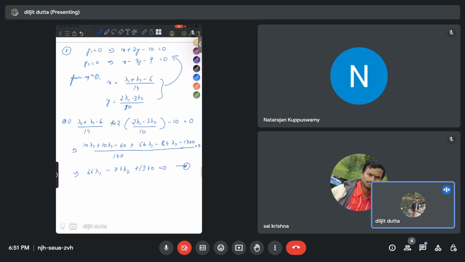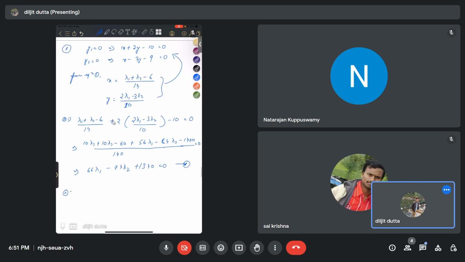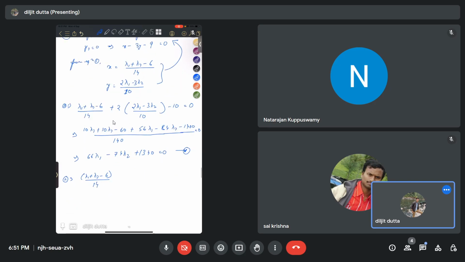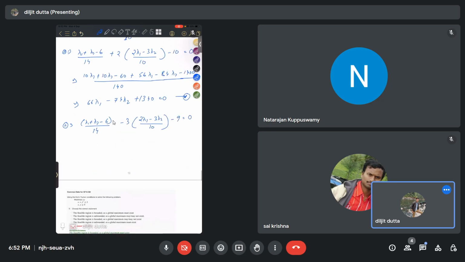In the second equation, x will be again (lambda 1 plus lambda 2 minus 6) divided by 14, minus 3 into (2 lambda 1 minus 3 lambda 2) over 10, minus 9 is equal to 0. Again we'll have this denominator as 140.